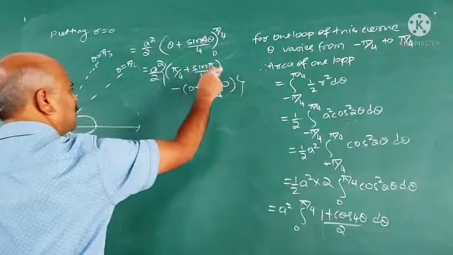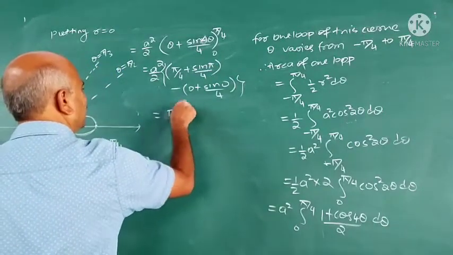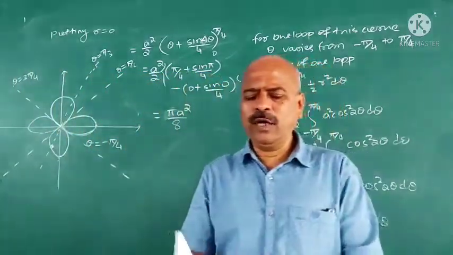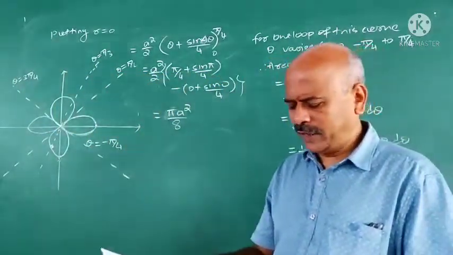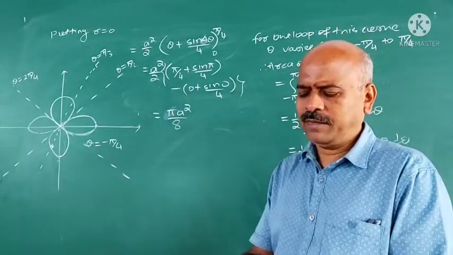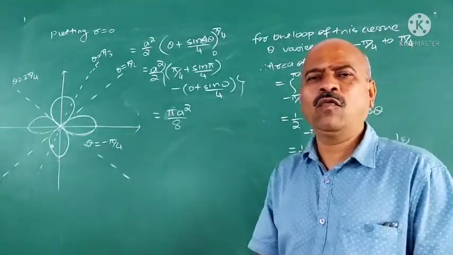But sin pi is 0, sin 0 is also 0. So pi into a square upon 8. This is one loop of the curve. Let me verify the answer here: pi a square upon 8. Yes, this is the area of one loop.